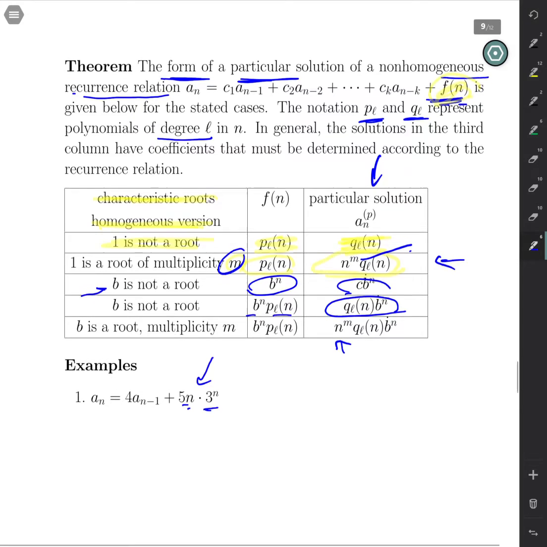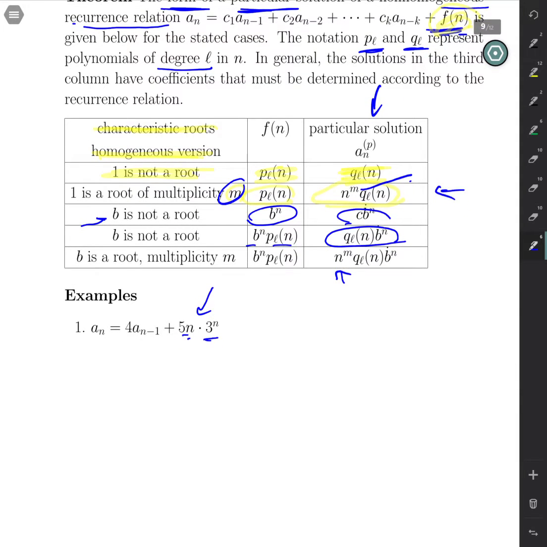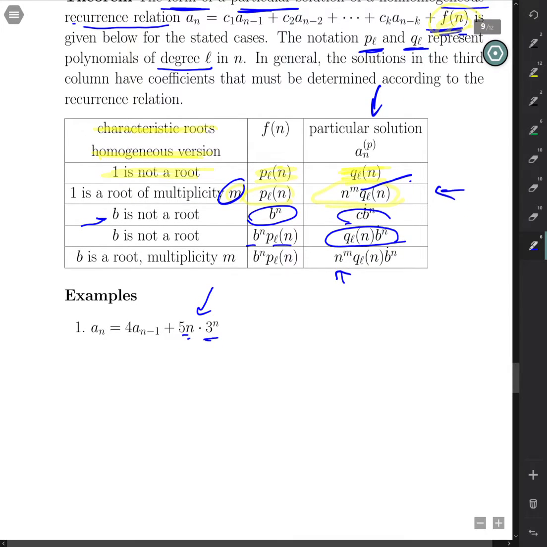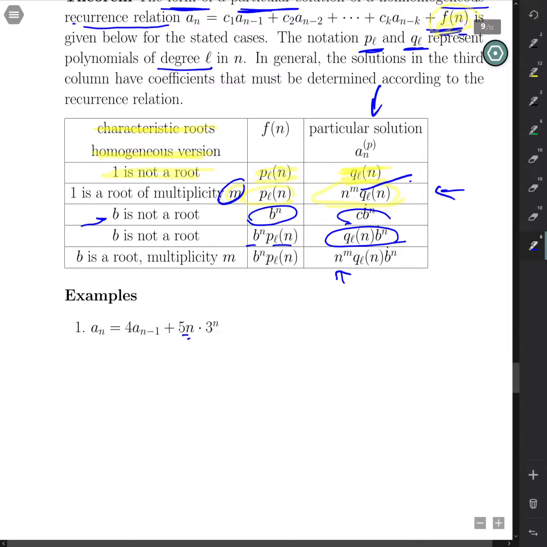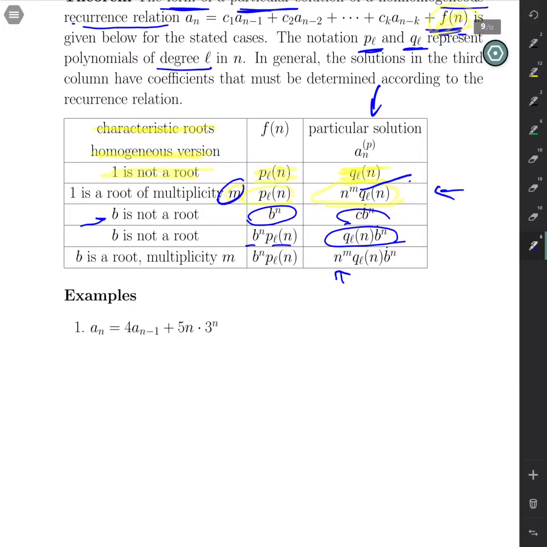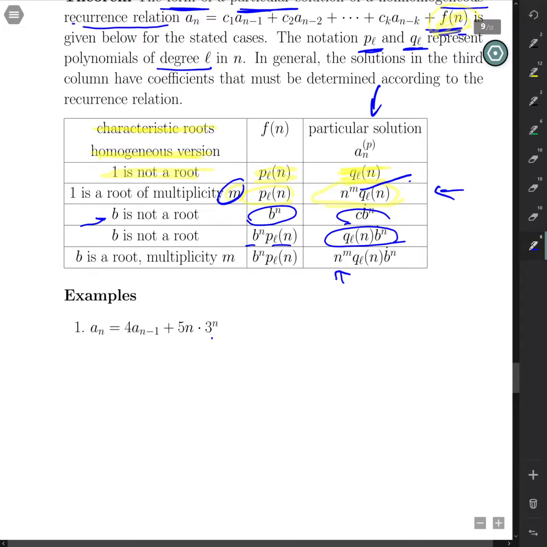So in the first case here, we'll look at this one right here, where we have a sub n equals 4 a sub n minus 1, just first order, and the non-homogeneous part is 5n times 3 to the n. So what the above would say is that in that case, the 3 is not a root of the characteristic equation, because r in this case is 4, not 3. Right?